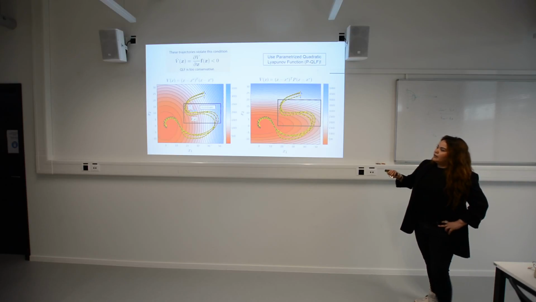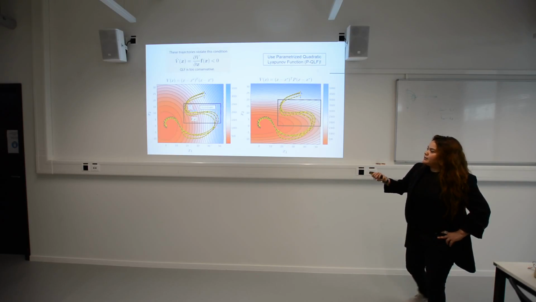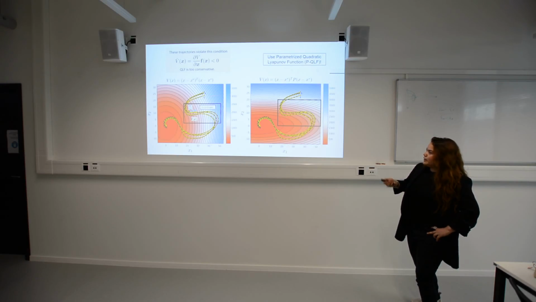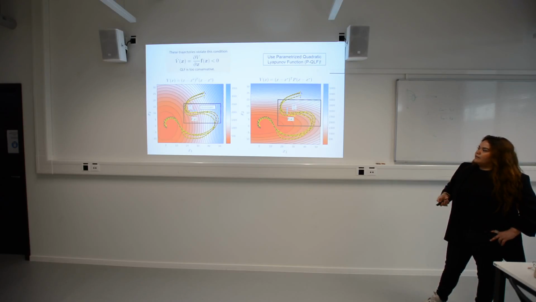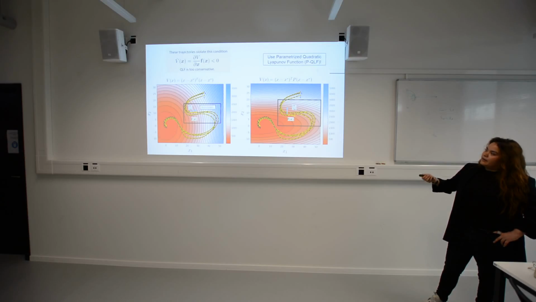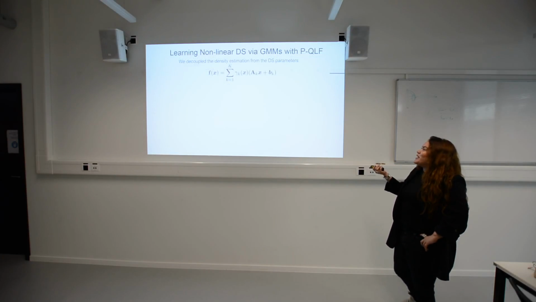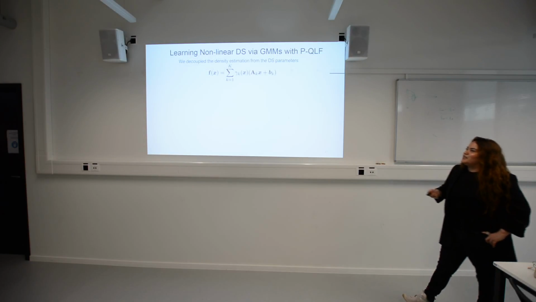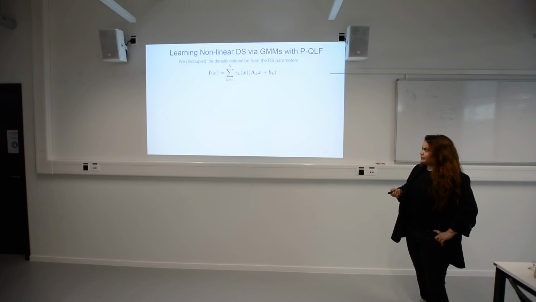So for example here, now our Lyapunov function is some sort of ellipsoidal shape. So if we look at the vector of the dynamical system, if we look at the gradients here, now it's in obtuse angle. So we're good, and it'll be capable of reproducing these motions very accurately.